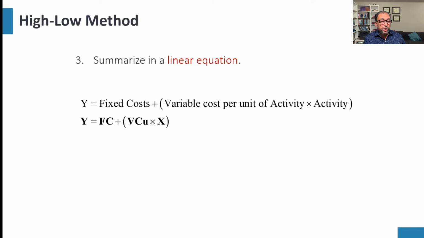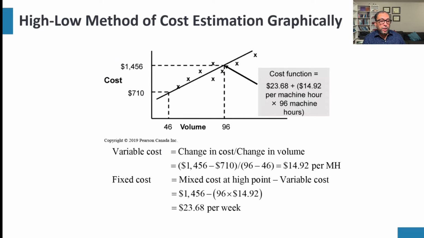Summarize in a linear equation: fixed cost plus variable cost per unit activity times activity. So we write y equals FC plus variable cost per activity times the number of activities.